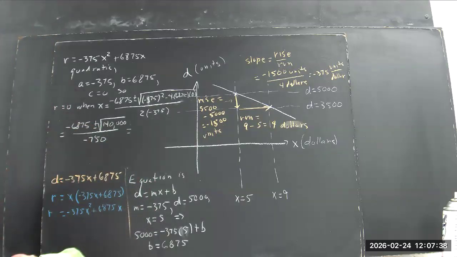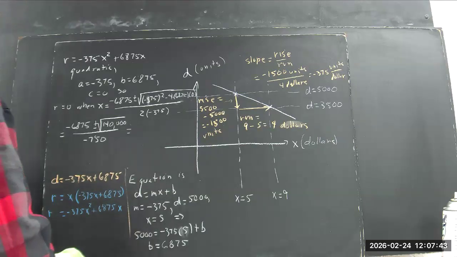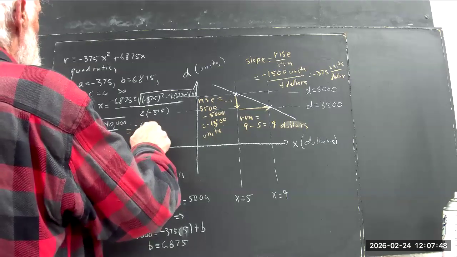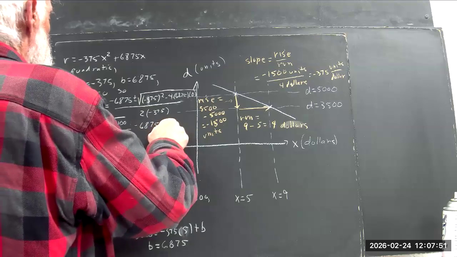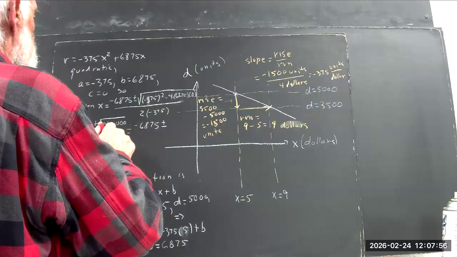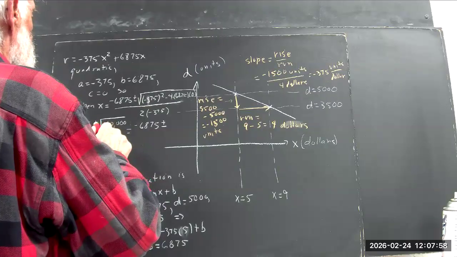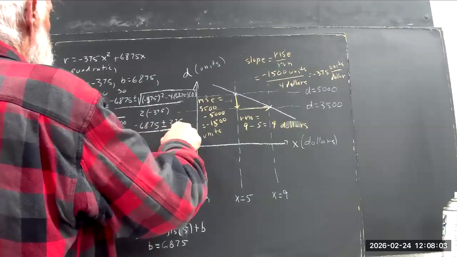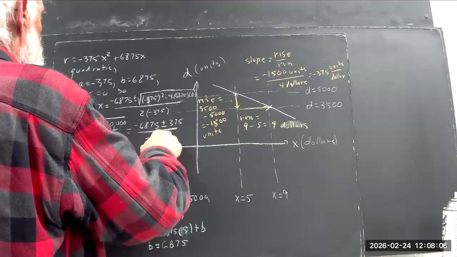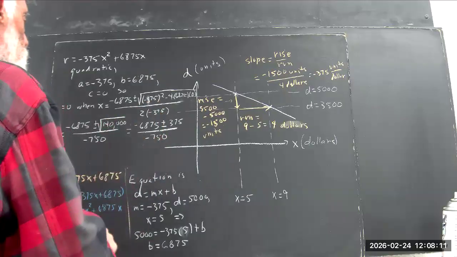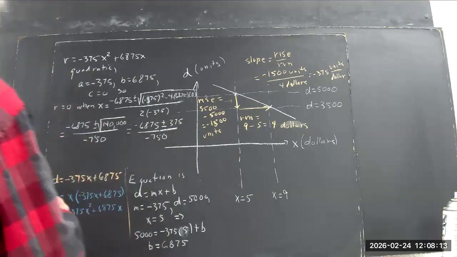Then the square root of whatever we get when we square 375 is 375.